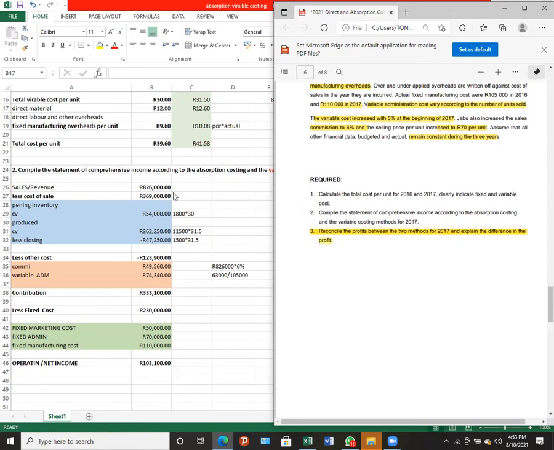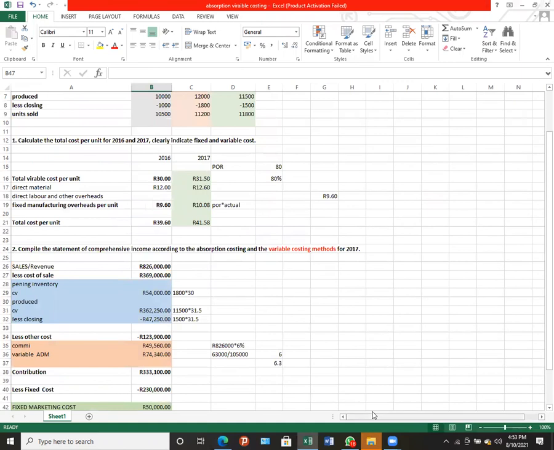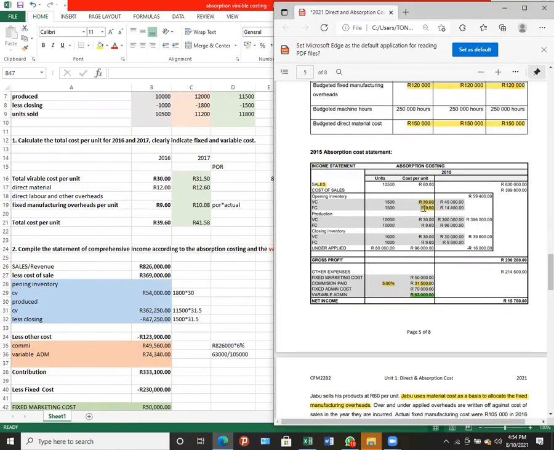Are we together? Next week we're going to do a different method. This method is variable, and the other method is not variable. This one is the absorption statement, because if you check here, it is variable and fixed. Next week we're going to do this, and after that we're going to reconcile this statement with this one.